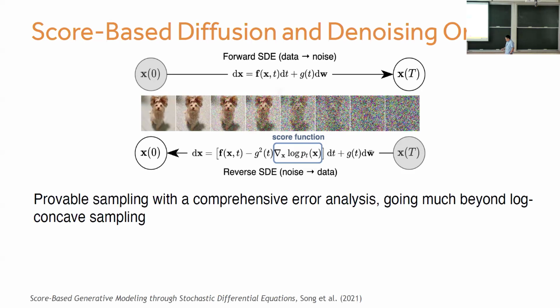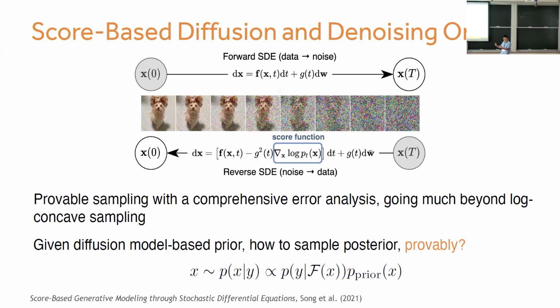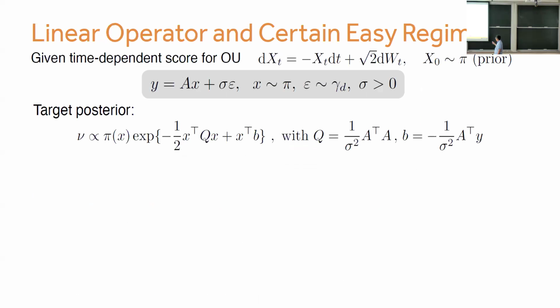So the question we are interested in is: suppose we have a reliable tool, reliable reverse dynamics, to generate prior data of our interest. How can we transfer the power of prior data sampling to posterior data sampling in a provable way? This is the new target. We want to sample on top of the original prior data distributions. I hope you are still following me, because finally I'm defining the mathematical details of the inverse sampling problems.